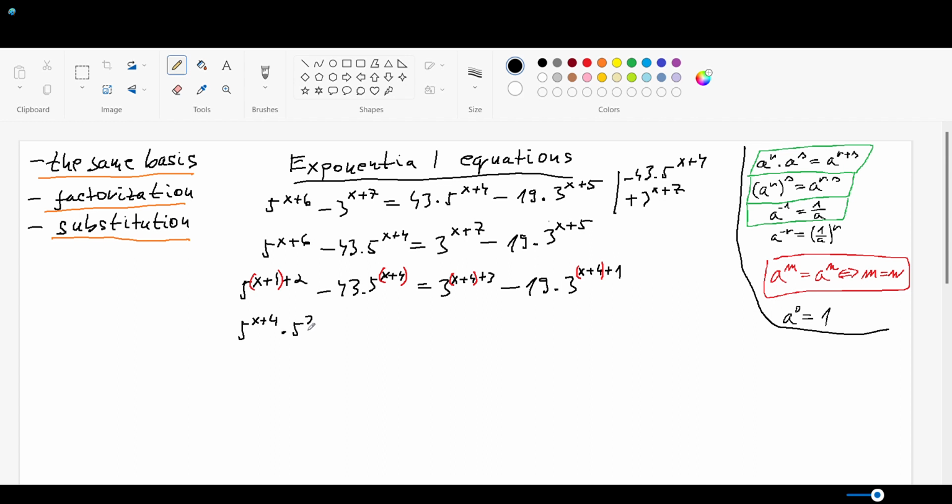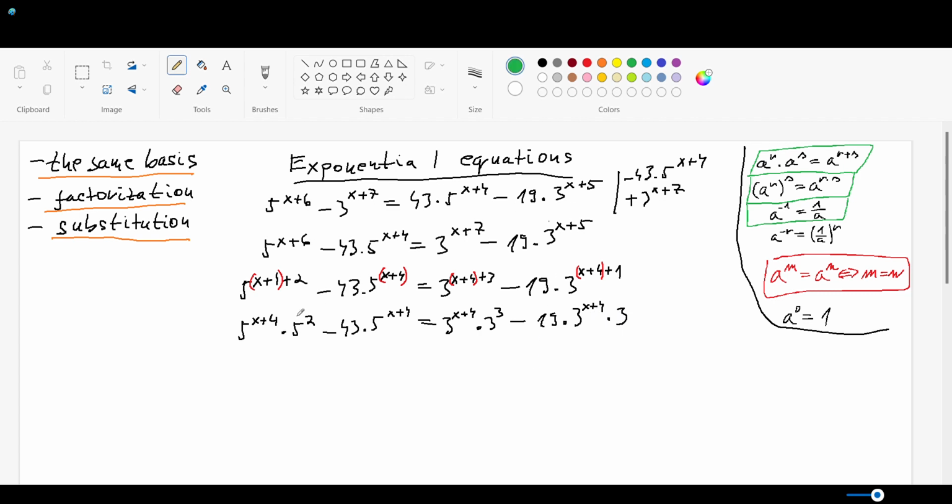So basically what we will get is 5 to the power of x plus 4 times 5 to the power of 2 minus 43 times 5 to the power of x plus 4 is equal to 3 to the power of x plus 4 times 3 to the third power, take away 19 times 3 to the power of x plus 3 times 3.